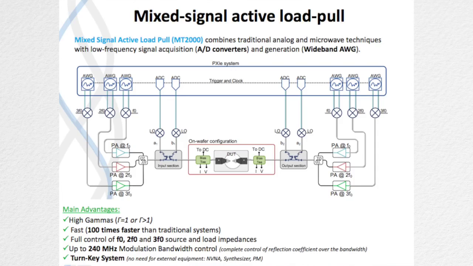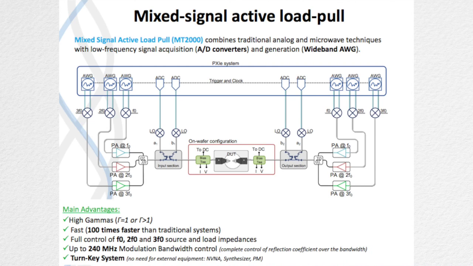In terms of the tuning element, the tuners are low frequency arbitrary waveform generators. The signals are then upconverted to fundamental and harmonic frequencies. These form the fundamental, second and third harmonic tuners, and can be on both the load and the source side.